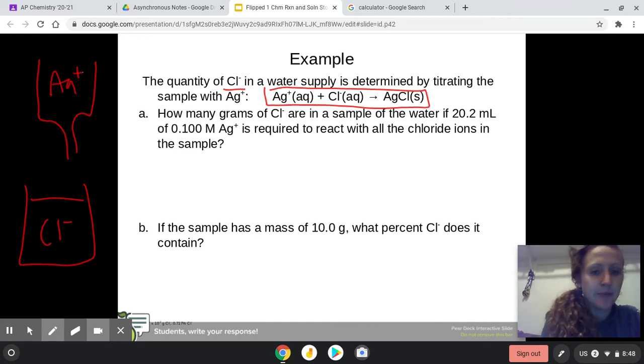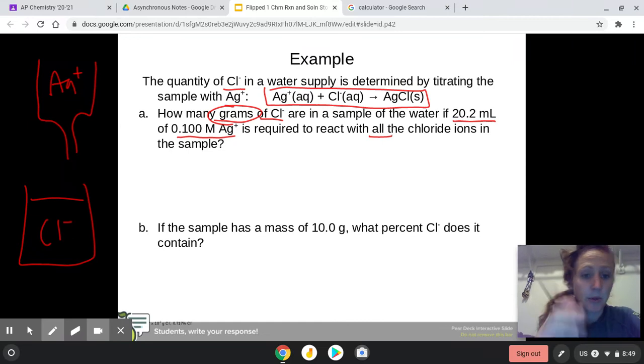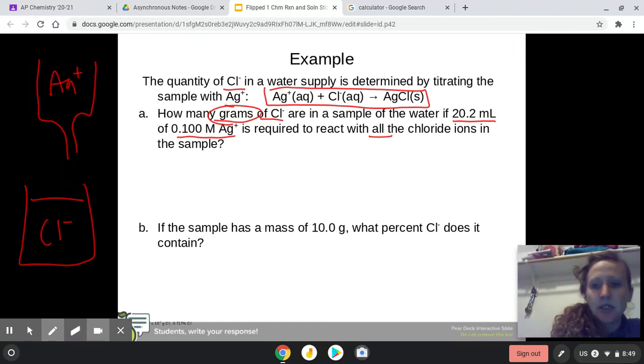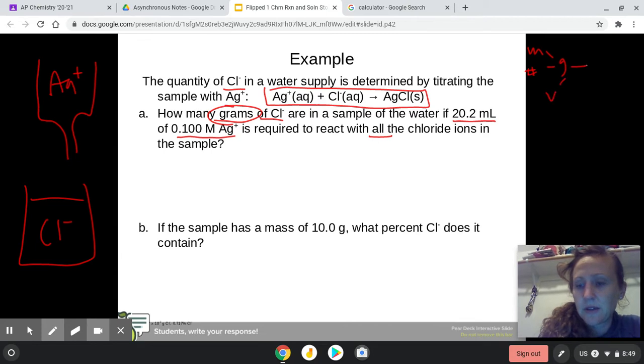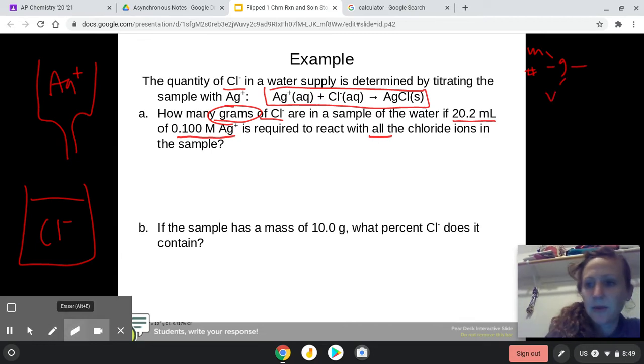How many grams of chlorine are in a sample of water if 20.2 milliliters of 0.1 molar silver is required to react with all the chloride ions in the sample? All right, so if we look at our mole hole, oops, I did that backwards.